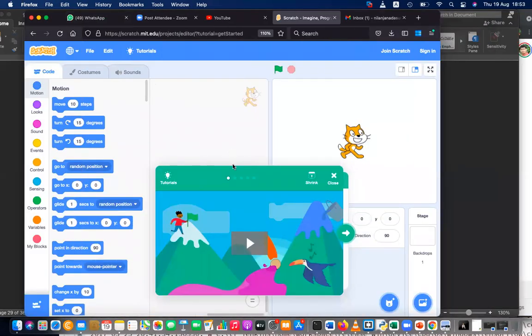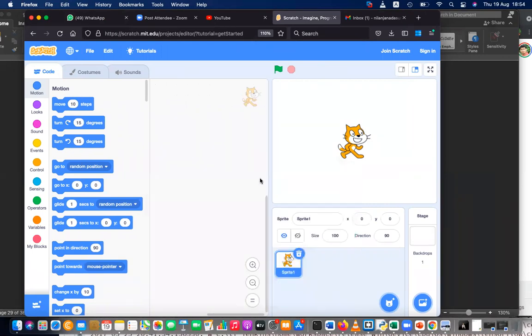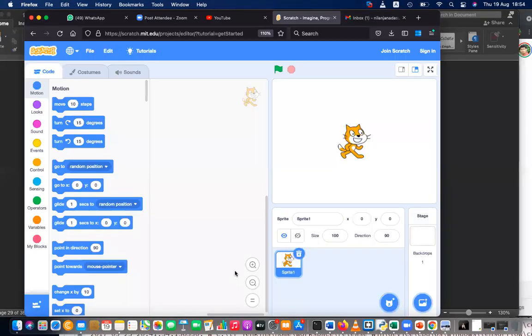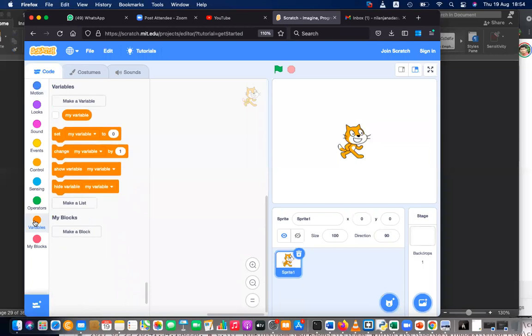This is my new project. I'm going to close the tutorial that is not needed for the moment. And you need 2 inputs. Whatever the inputs are, you have height, width, perimeter, right? You need variables to store these values. Therefore, I'm going to variables first.